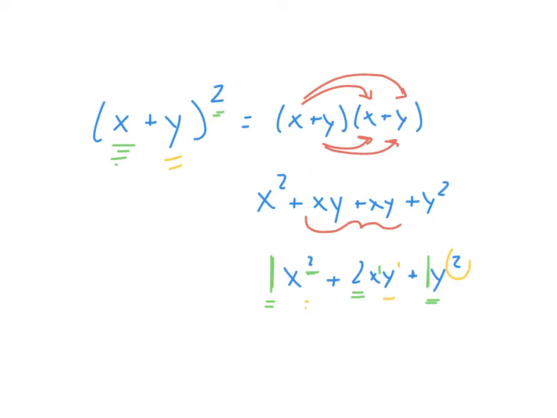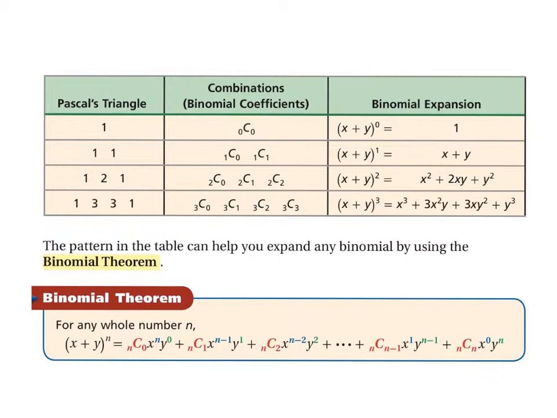So there are these patterns here that we can follow to expand a binomial to any exponent, not just a 2, and quickly get that product. And that's where the binomial theorem comes in, and that's what the first part of our assignment is assessing when we work on it. So you'll remember that we reviewed Pascal's triangle and made the connection between Pascal's triangle and the combinations. Each position is a particular combination of a row and a column, or a row and a position.